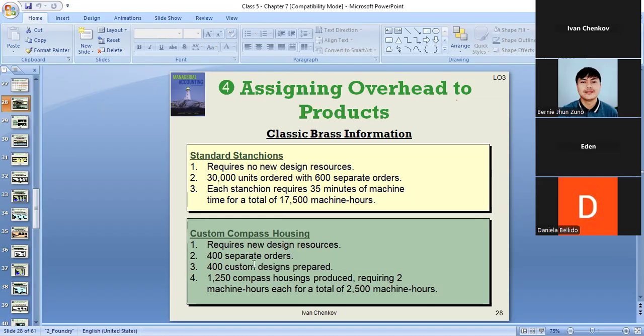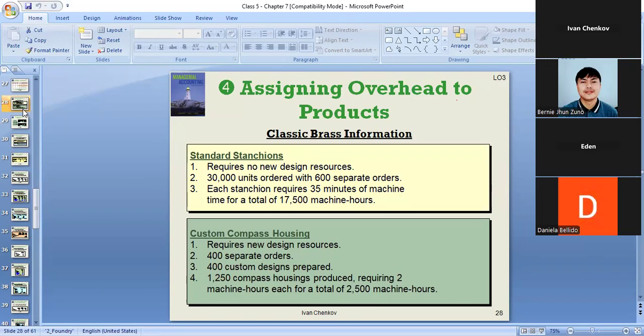For every order, one new design. 1,250 compass housings are produced, which require 2 machine hours per one. In total, 2,500 machine hours for this division. So in total hours, we have 17,500 plus 2,500, that's 20,000 hours in total.